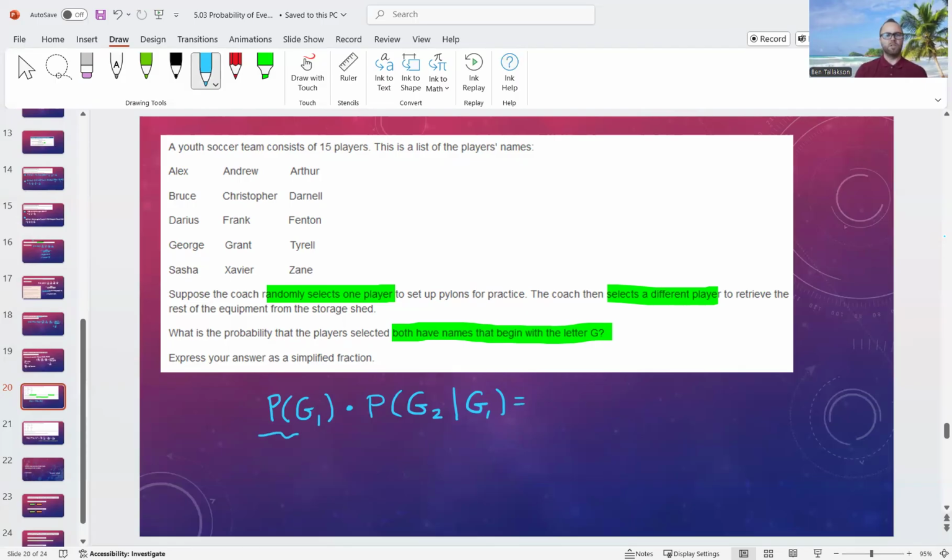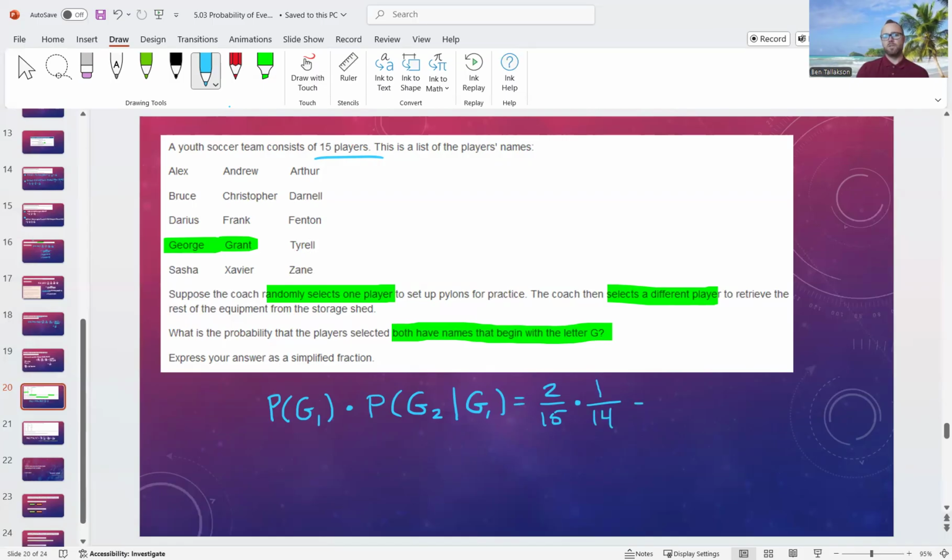So first, let's handle this order of business. Probability of selecting someone whose name starts with G. There are one, two, only two. Okay. All right, so that's simple. 2 out of, they told us, 15 players, times the probability of picking a second player whose name starts with a G. Well, there's only one more player left whose name starts with a G. And since the first player is busy setting up those pylons, there's only 14 players left.